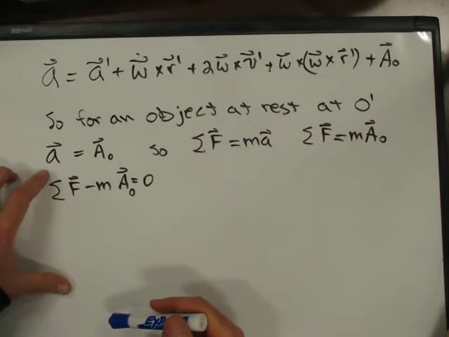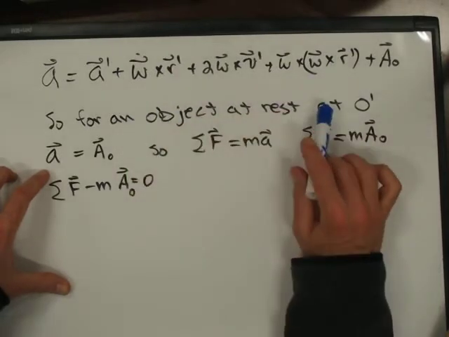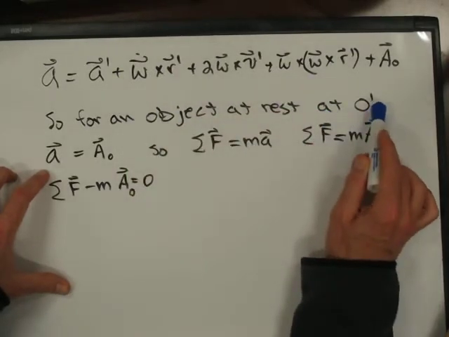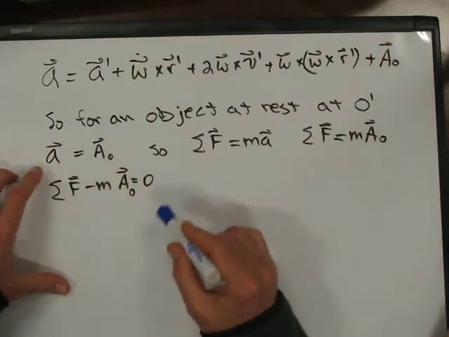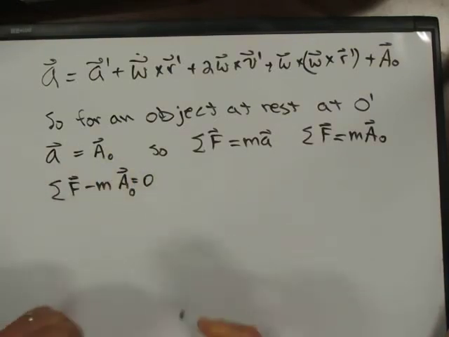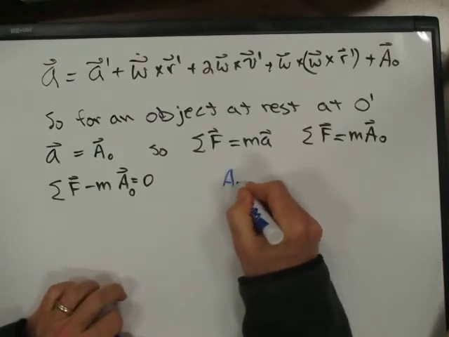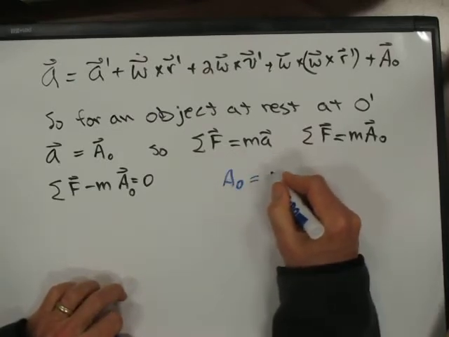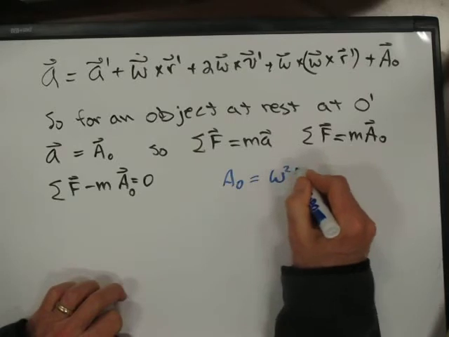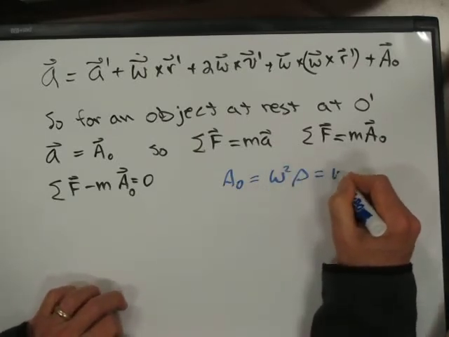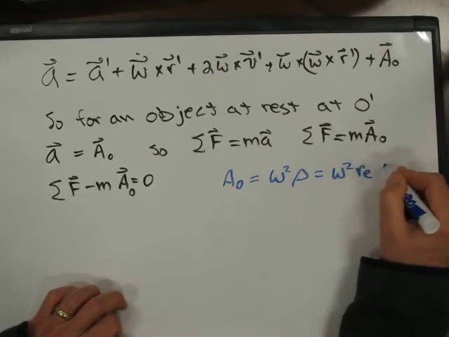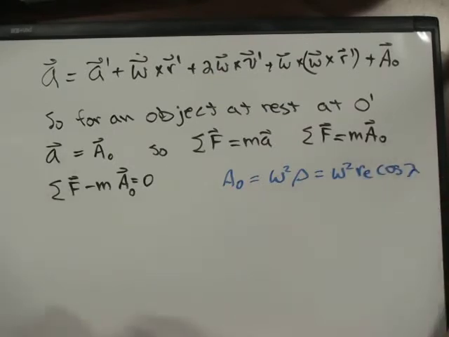Since all of these terms are 0, if I'm sitting at rest at the origin of the prime frame, my acceleration is just a0. The magnitude of a0 is omega squared times rho, which equals omega squared times the radius of the Earth times the cosine of lambda.